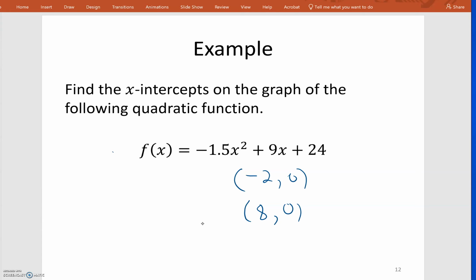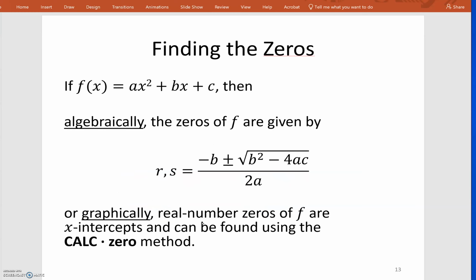Now, I've used the calc 0 method, but there are other very well documented ways of doing this, and you probably know them already, or at least some of them. The principal one is the quadratic formula.